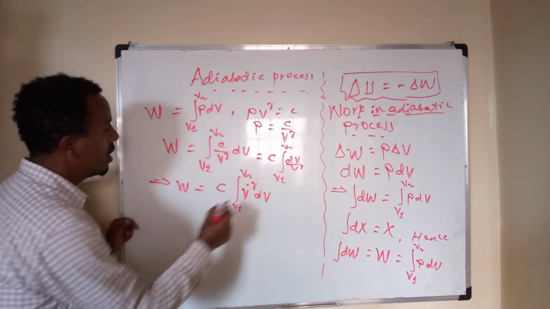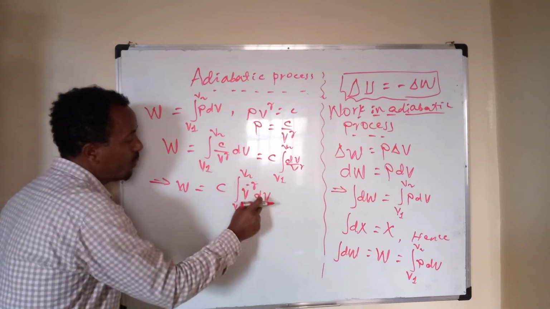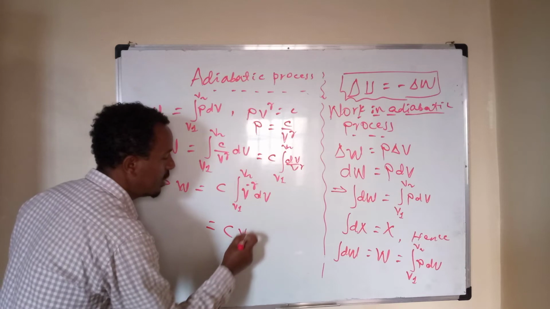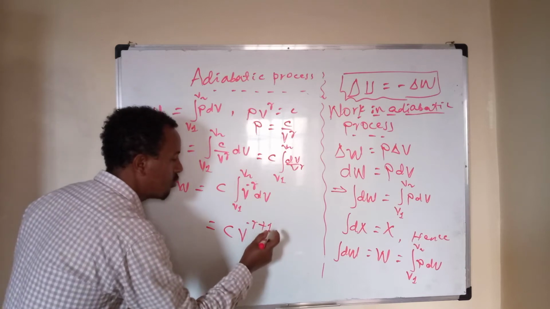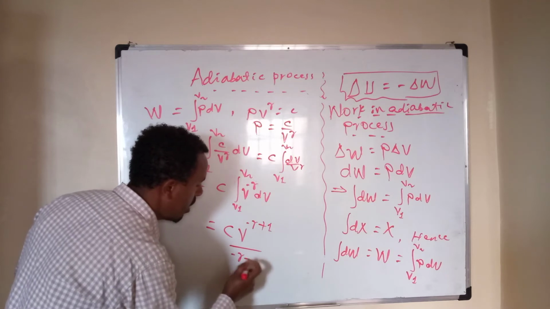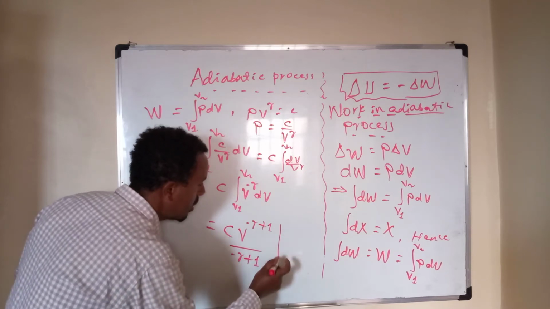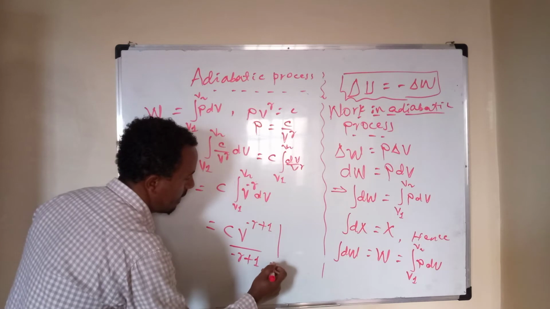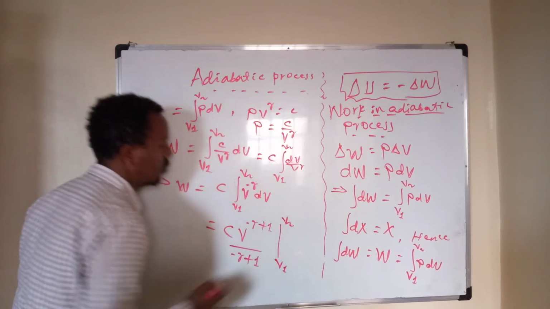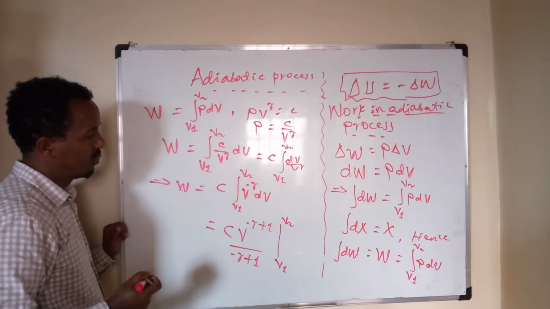So the integration of V raised to minus gamma dV is given as V raised to minus gamma plus 1, over minus gamma plus 1, when V varies from V1 to V2.